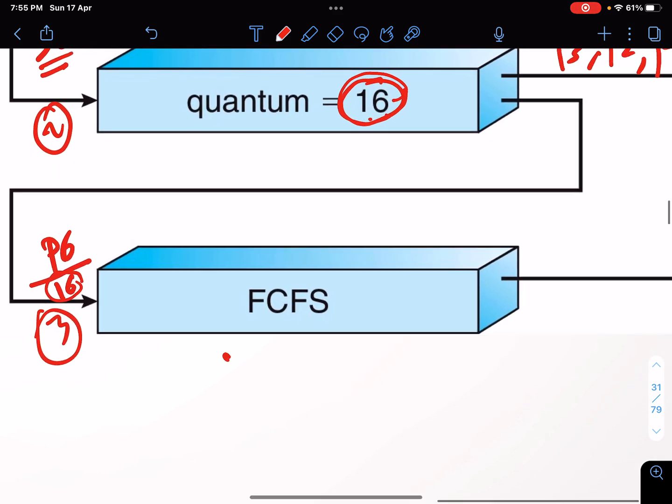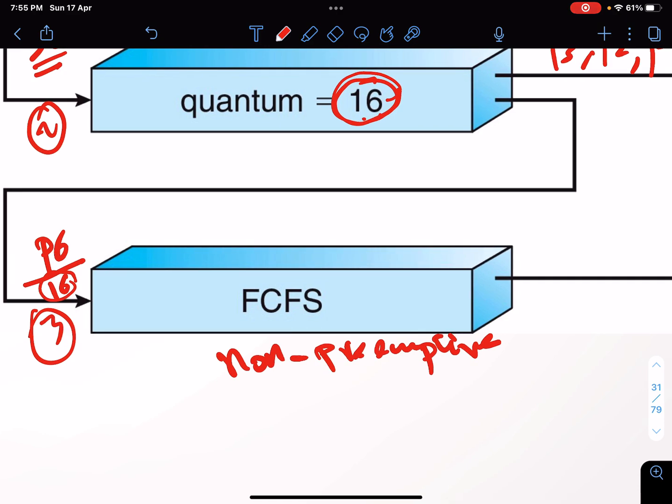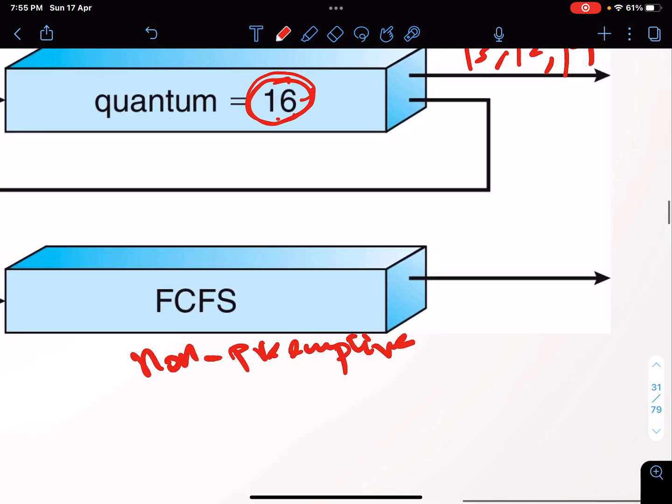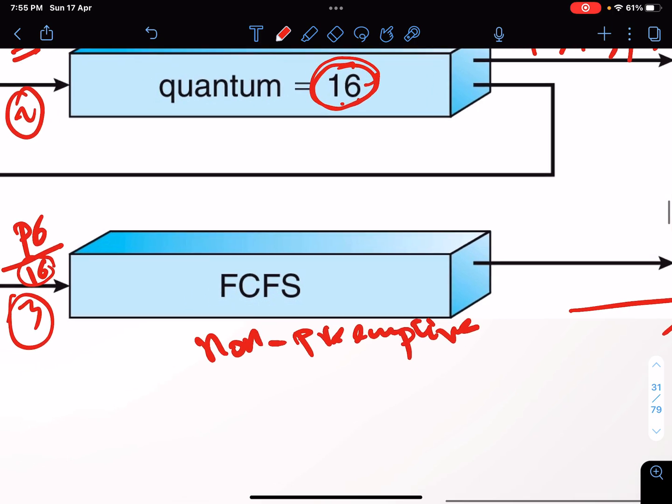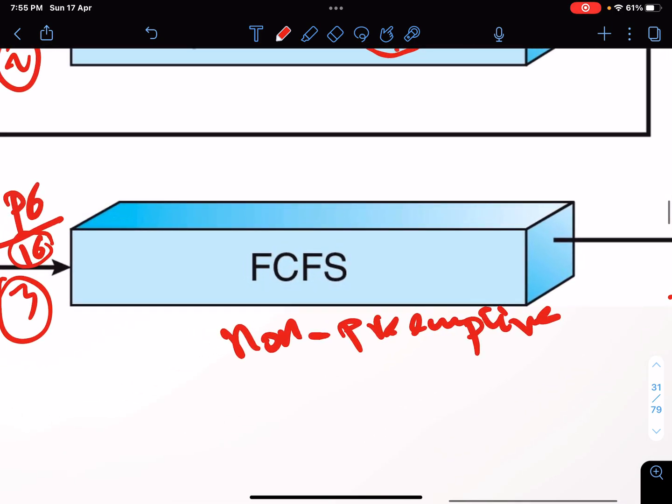It has to be non-preemptive. The author says it has to be first come, first serve. It's not true. Any non-preemptive algorithm would work. The process here goes to this one, and it's guaranteed that it will get out. Of course, first come, first serve is favored because it would never cause starvation.